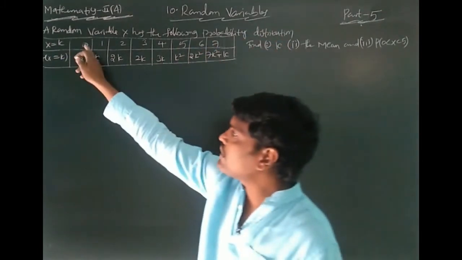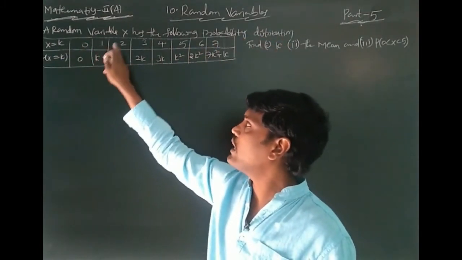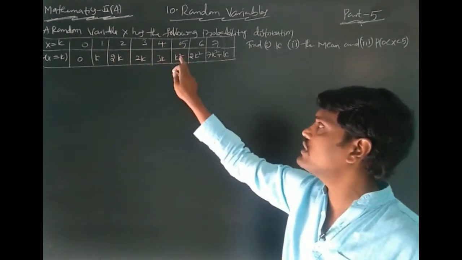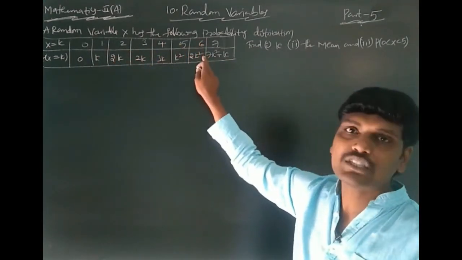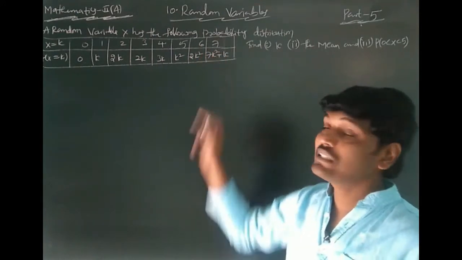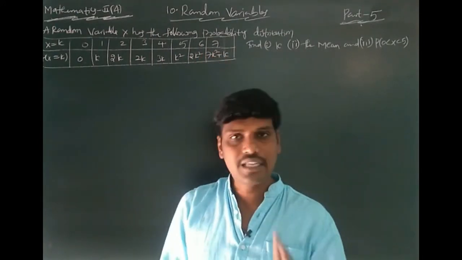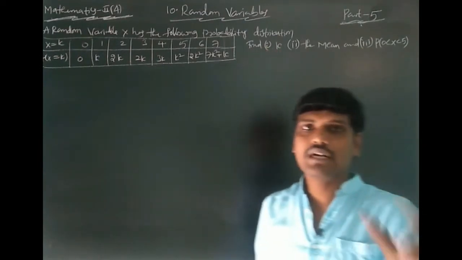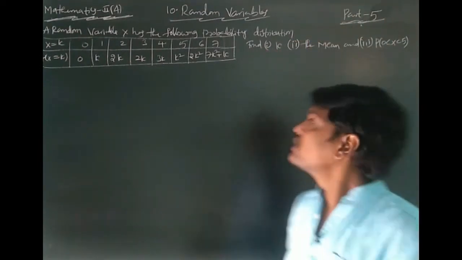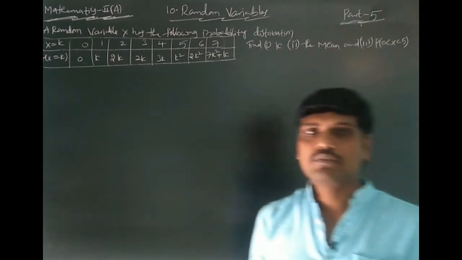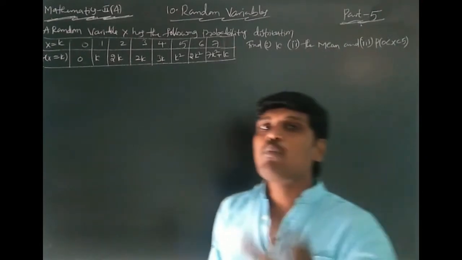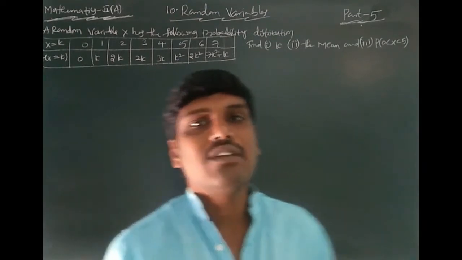The probability of 0 is 0, 1 is k, 2 is 2k, 3 is 2k, 4 is 3k, 5 is k square, 6 is 2k square, 7 is 7k square plus k. Find, number 1, the value of k. Second, the mean. And third, the probability of 0 less than x less than 5.